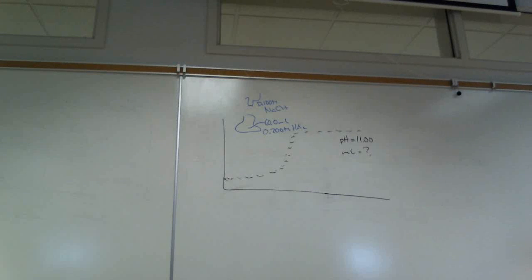How much acetic acid do we have? 10.0 mLs. How much sodium hydroxide do we have? How many mLs of sodium hydroxide are we adding? We don't know yet, so what should I call it? X. Or should we use X? Yeah, okay, let's use X mLs.